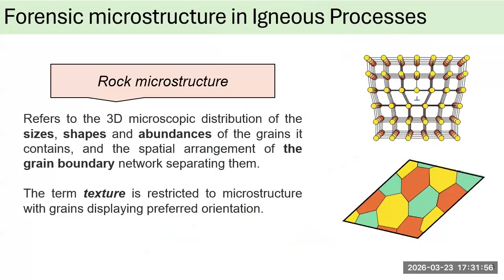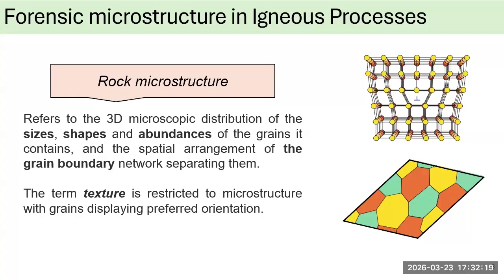So what is rock microstructure? I'm not going to read a definition of what rock microstructure is, but how I see rock microstructure. For me, it's almost like an architecture of a rock. If you imagine a house built of bricks, these bricks can be different material, different shapes, different sizes.